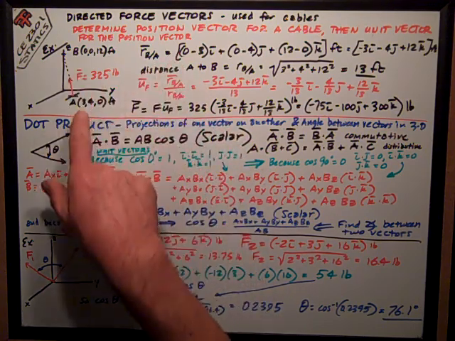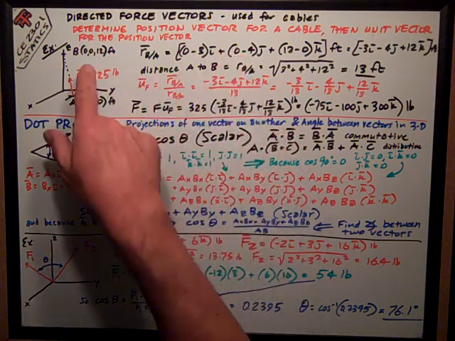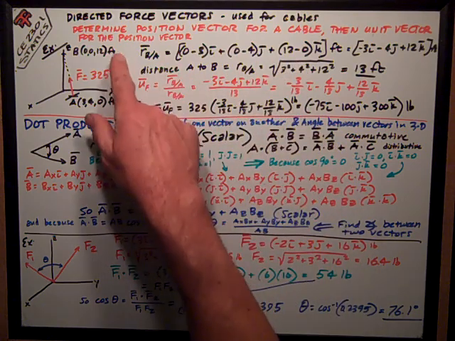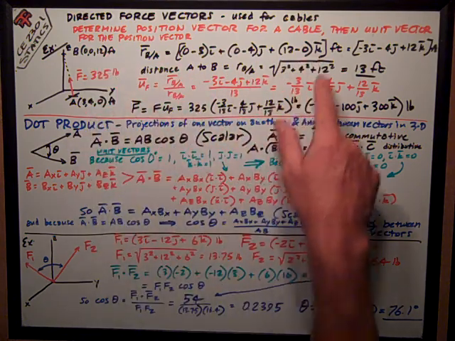So 0 minus 3i, 0 minus 4j, plus 12 minus 0k.